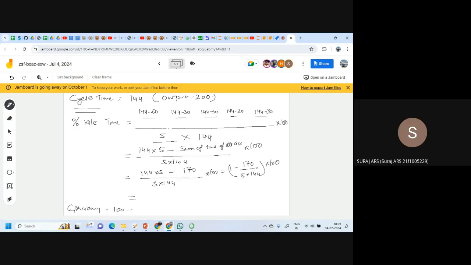Point 90. Wait a minute. $76.38. Okay. So now the efficiency of this is 23.62.